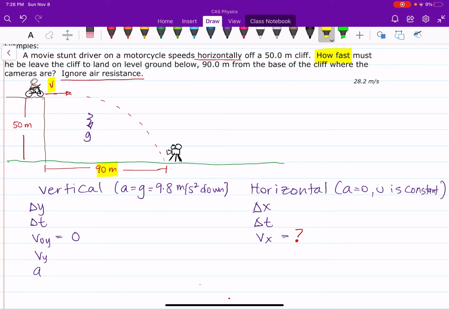Other things that we know: the horizontal distance, how far it goes, is 90 meters. We know the vertical distance that it drops is 50 meters. We know the acceleration is 9.8 meters per second squared. You'll notice what I did here. I made everything positive. So in this problem, the motorcycle ends up down, like it lands 50 meters below where it started.